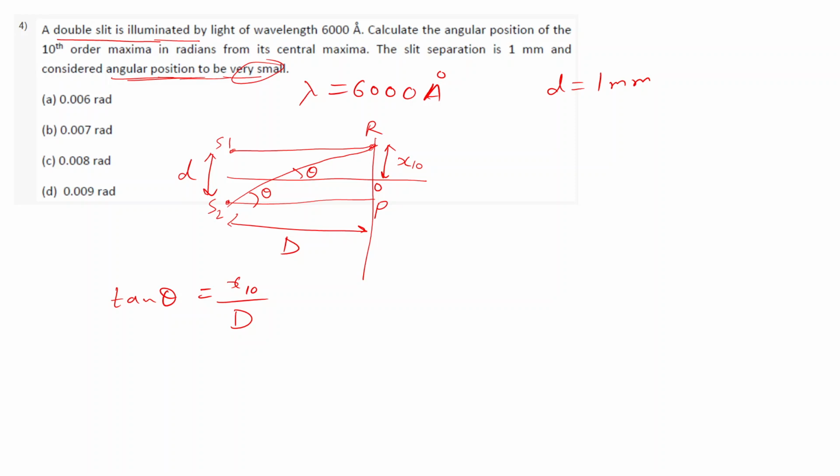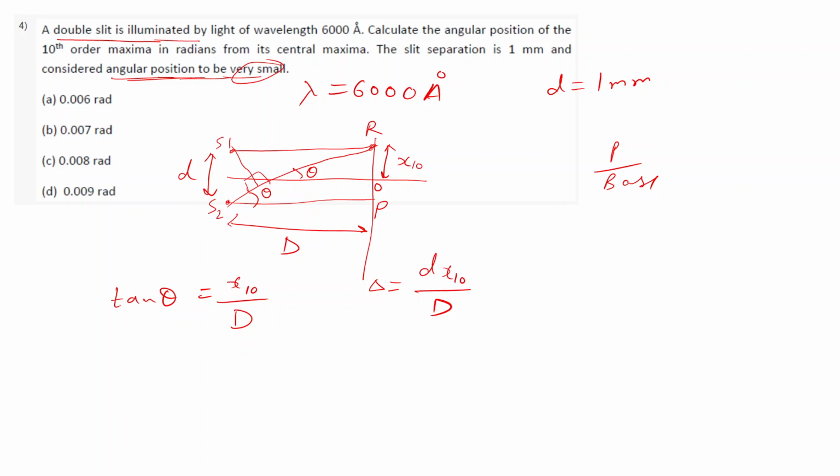In this triangle the perpendicular is here and the base is this, so x10 by d is tan theta, since tan theta is perpendicular upon base. Now path difference, we know, when I drop a perpendicular like this, that is the extra path, right? The path difference is given by this formula, which we also derived earlier.